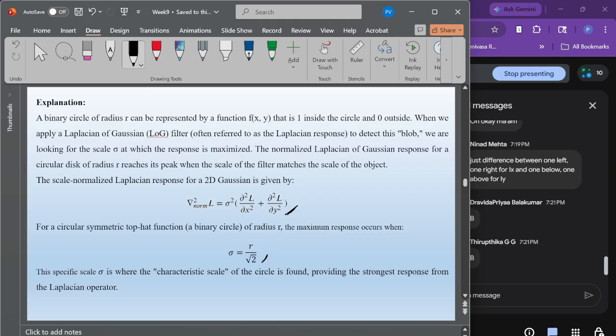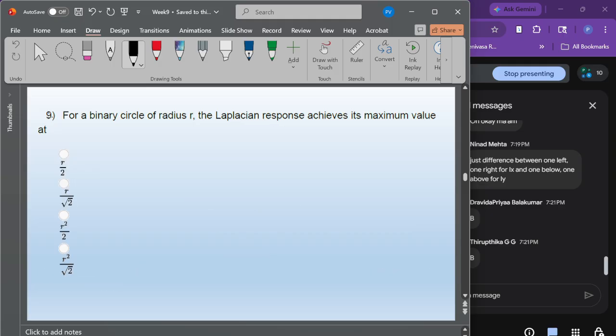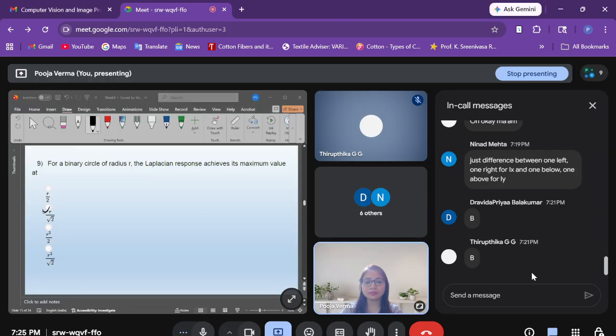The circle of radius r is 1 inside and 0 outside, a binary representation, and its peak is maximum at r by root 2. So this option is the correct answer. For a binary circle of radius r, the Laplacian achieves its maximum value at r by root 2. Is it fine to all of you?